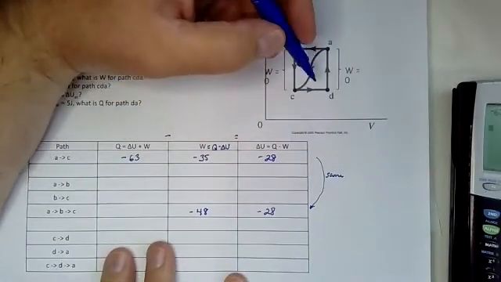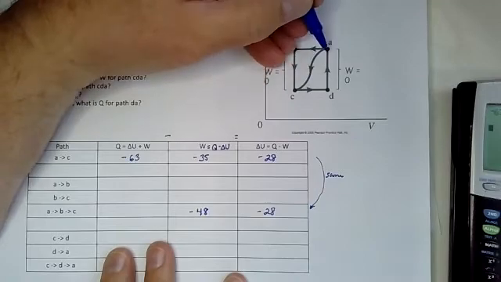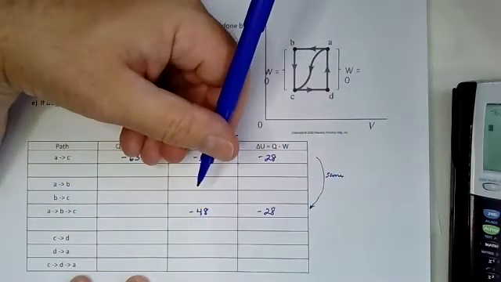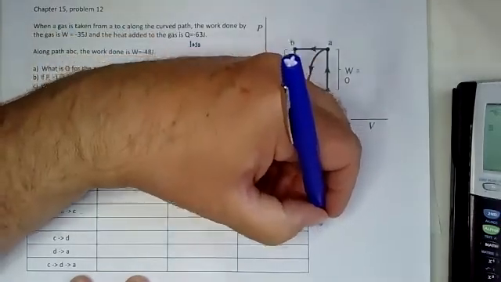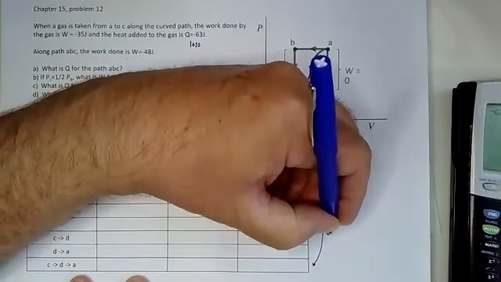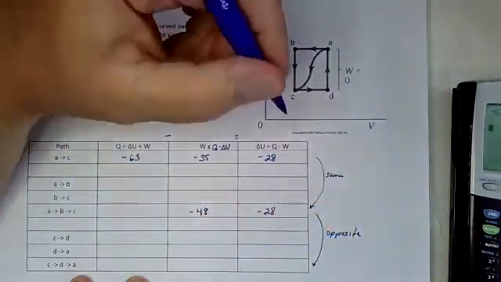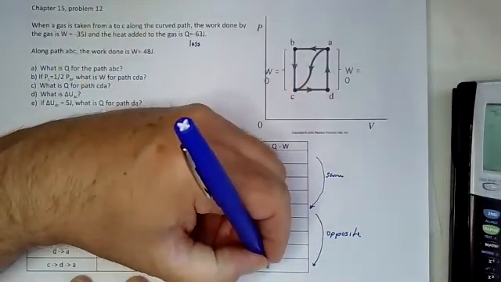And since we're right here, we're talking about it, if I go from C to A, it doesn't matter what the path is, then that would be opposite. So for C to D to A, that's going to be opposite. So plus 28.